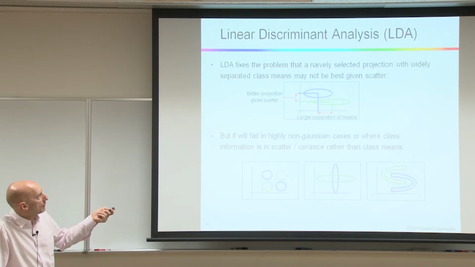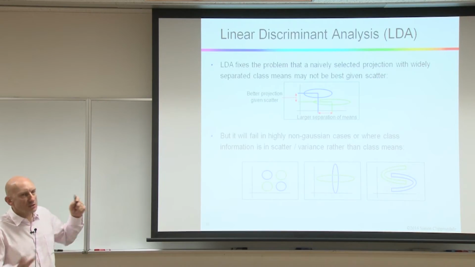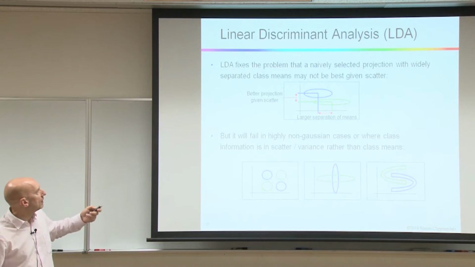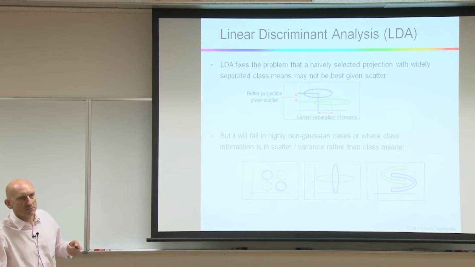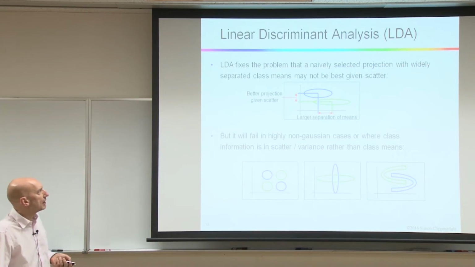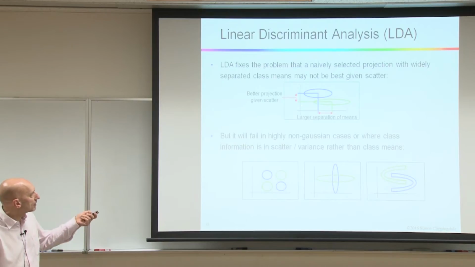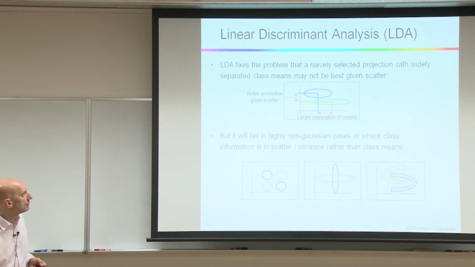If you look at these, if you don't consider the scatter within each class, then it kind of looks like the horizontal axis would be best because it gives you a larger separation of the class means than this. But in fact, because of the scatter within each class, it's not the best. And actually this one is better given the shape of the scatter within each class.